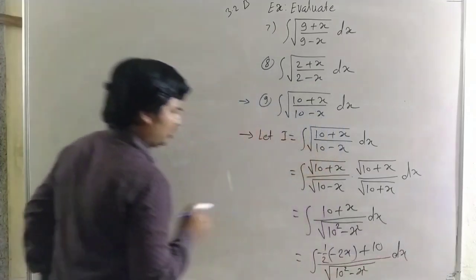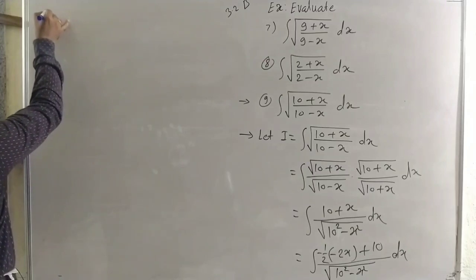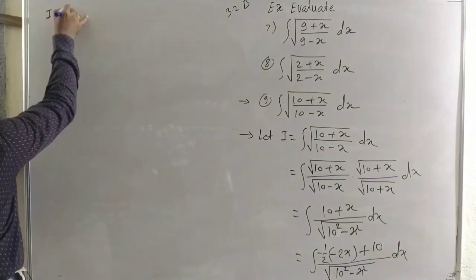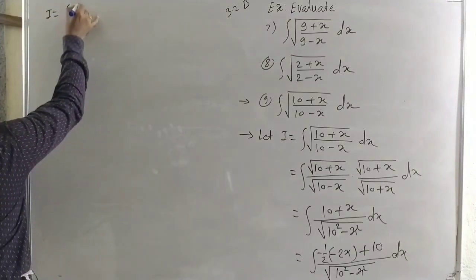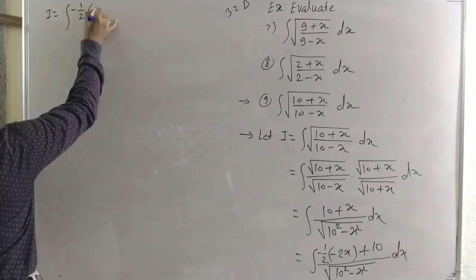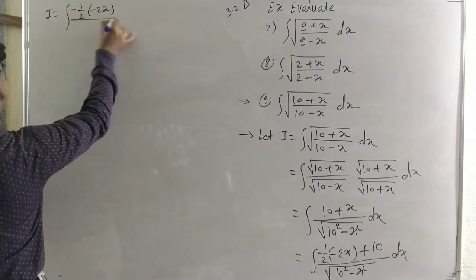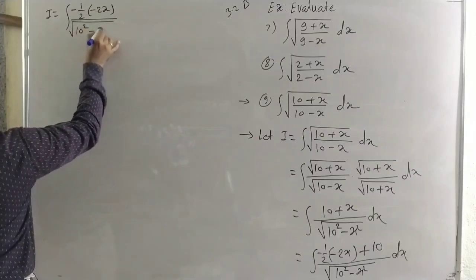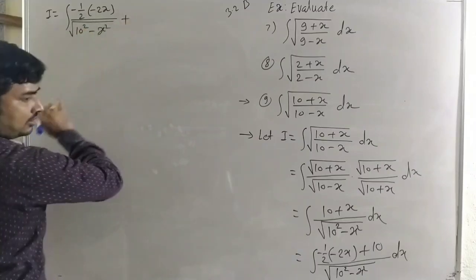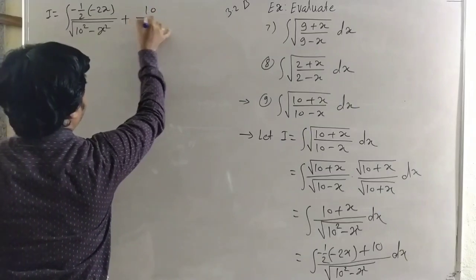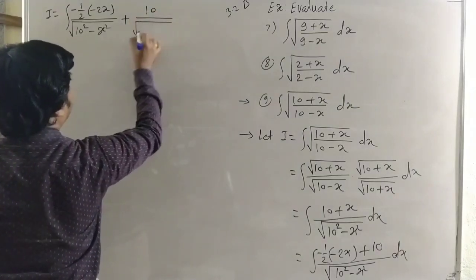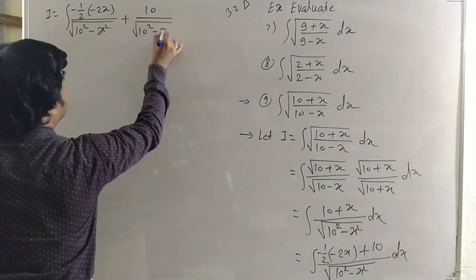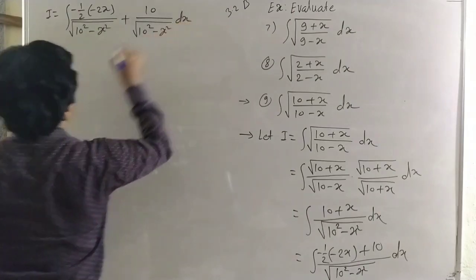Now separate the denominator. It is minus 1 by 2 times minus 2x upon under root 10 square minus x square, plus 10 upon under root 10 square minus x square dx.